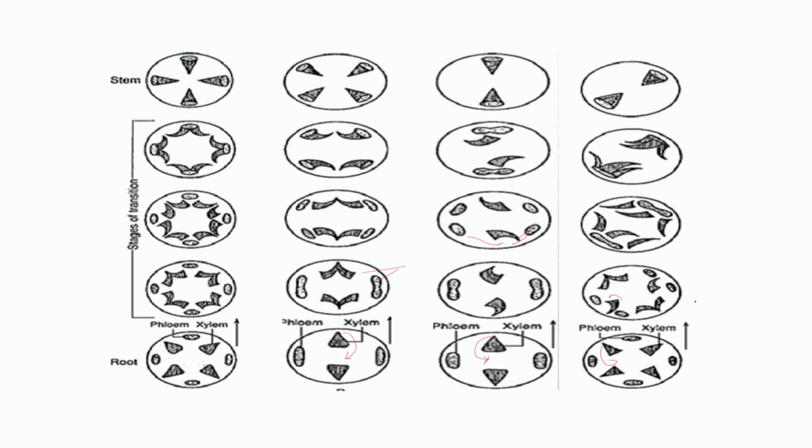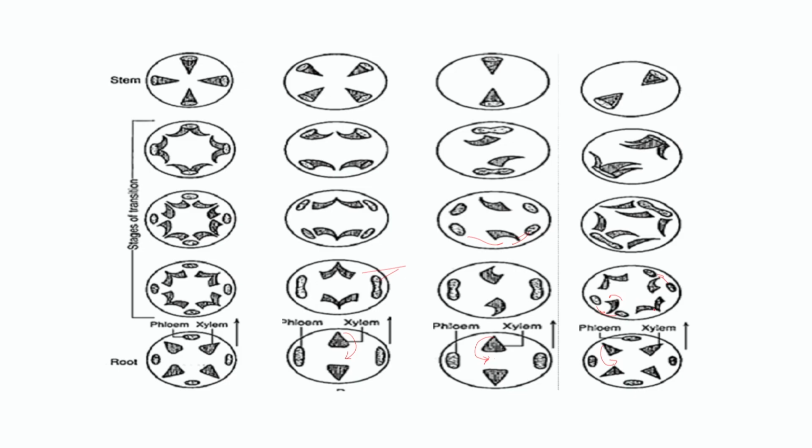They are turning in the lateral direction, and then 3 of this xylem patch, 2 of the phloem patch will join together. That means out of 4, finally 2 phloem patches will be there and 3 xylem patches.